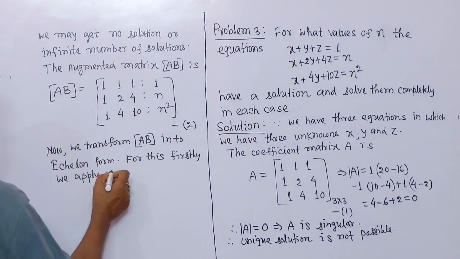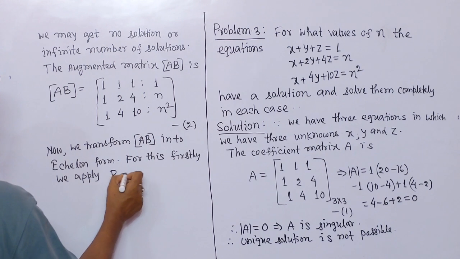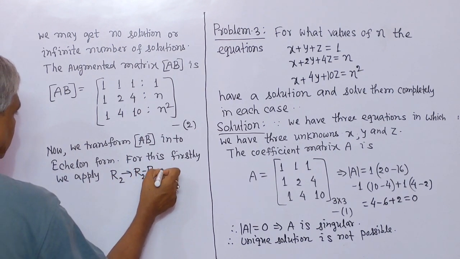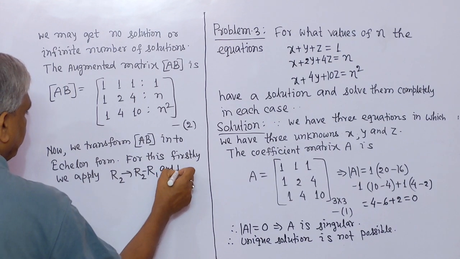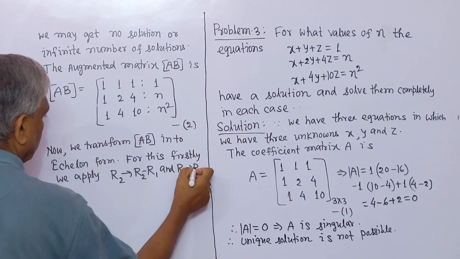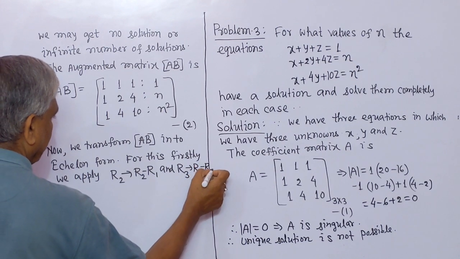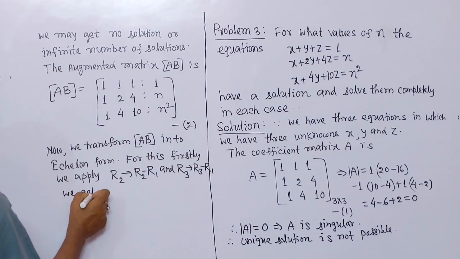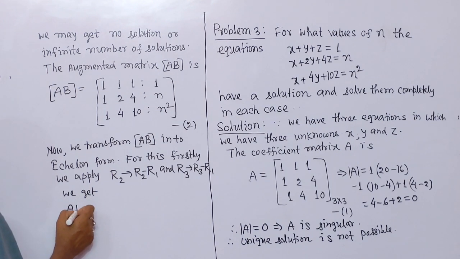Means in place of R2, row 2 minus row 1, and in place of row 3, row 3 minus row 1, we get the equivalent augmented matrix.